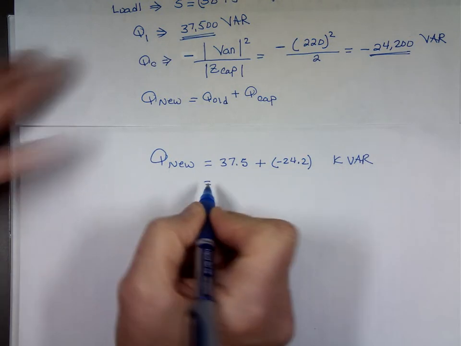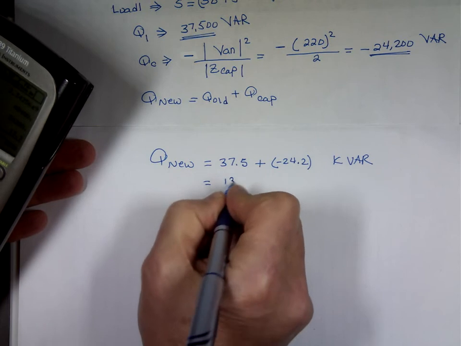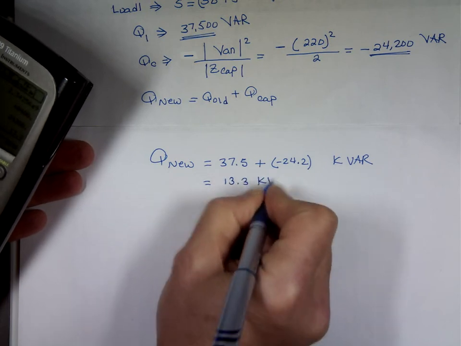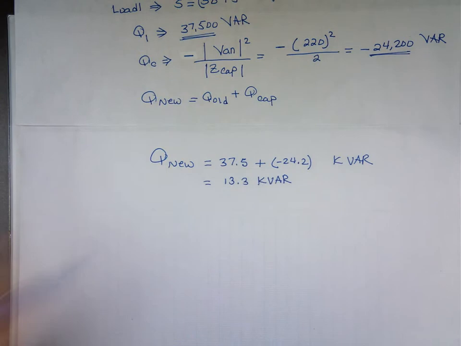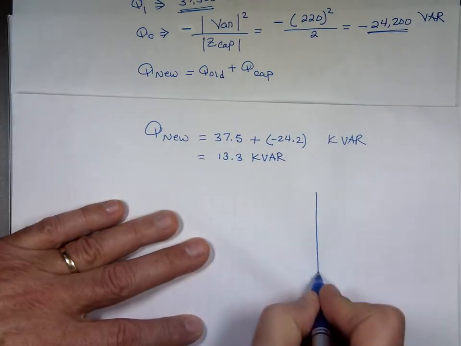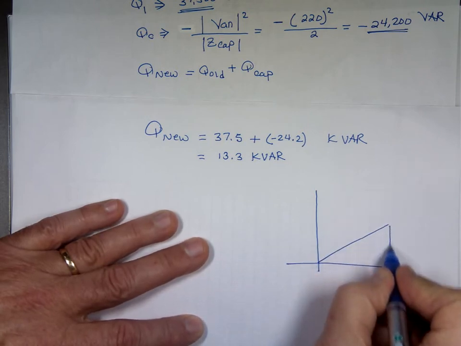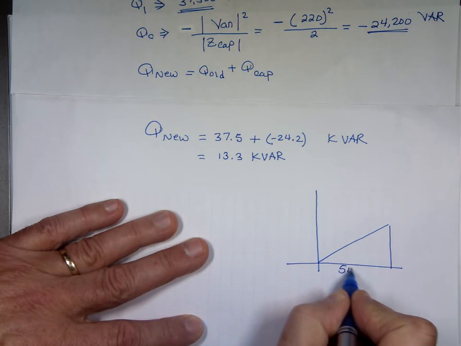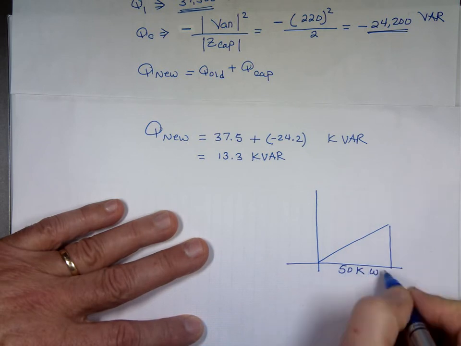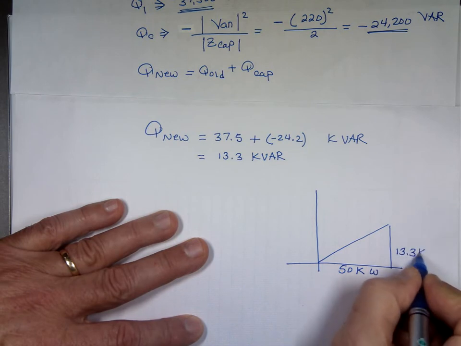So what's 37.5 minus 24.2? It is 13.3 kVAR. Remember, by putting the capacitor, you're not changing the real value. So now the new complex power has a real portion still 50K, but now the imaginary one is 13.3 kVAR.